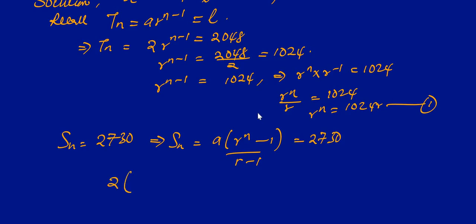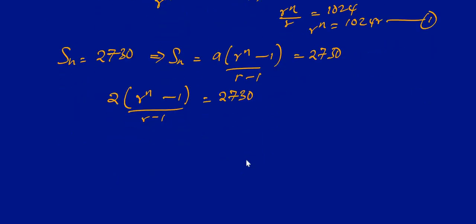So 2 bracket r^n - 1 all over r - 1 will equal 2730. When you divide through by 2, this will be 1365. Can you confirm that?